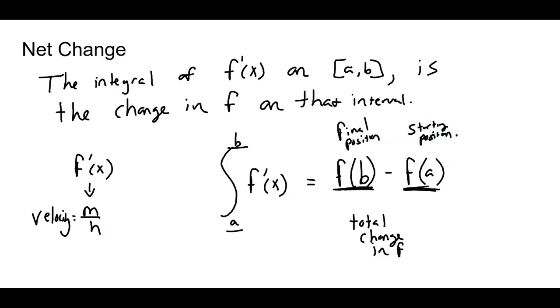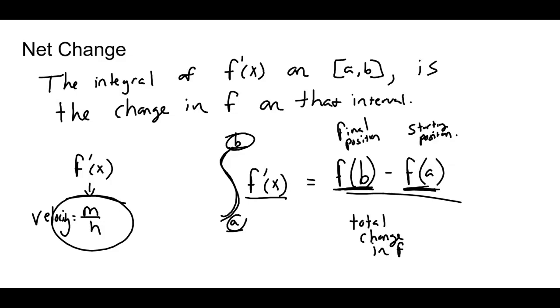So for instance, if my car is traveling at a rate of 50 miles per hour and I integrate that rate on the interval from a to b, basically it's going to tell me the distance that my car traveled, or in this case a more formal word would be displacement, but it's okay to think of this as a distance in this case. But there's the idea.